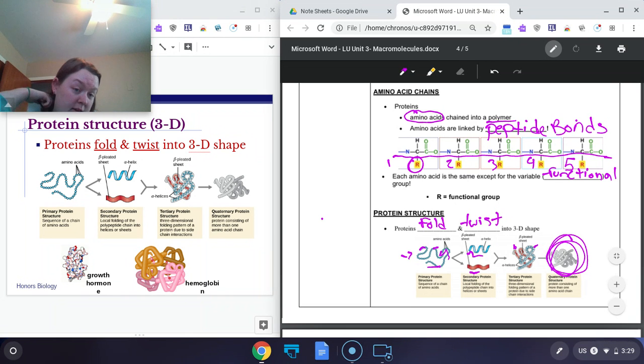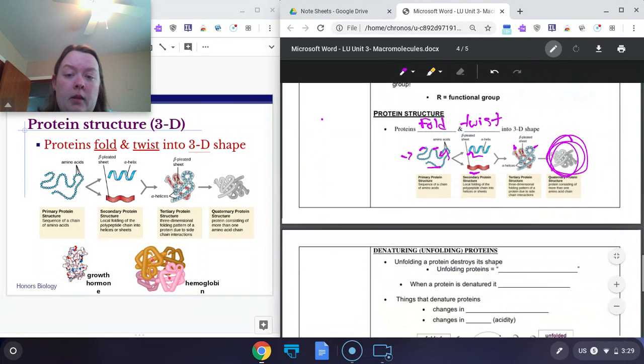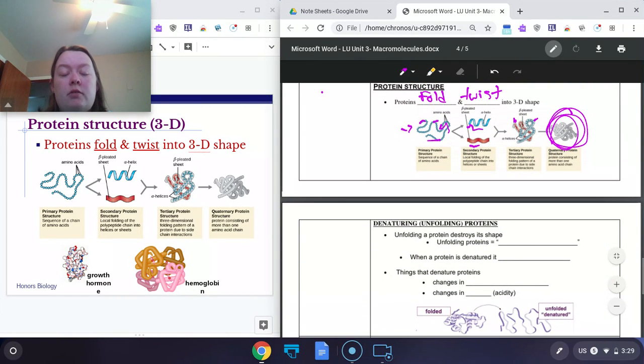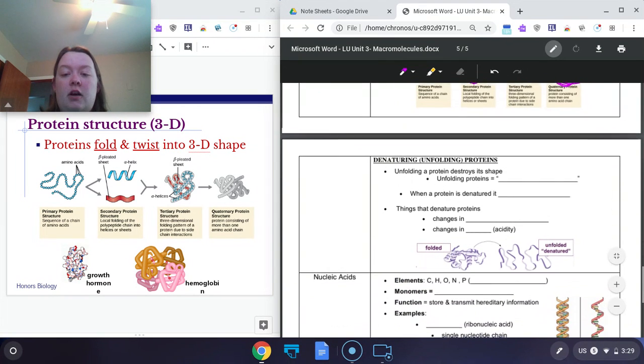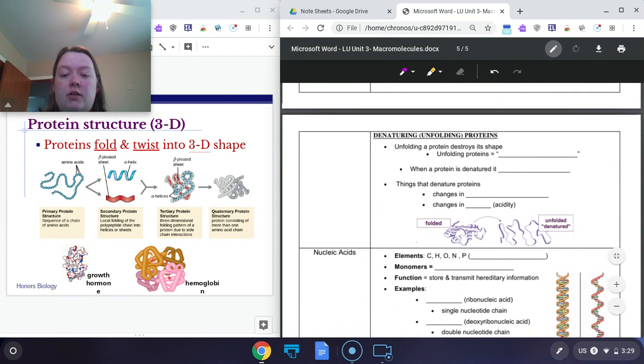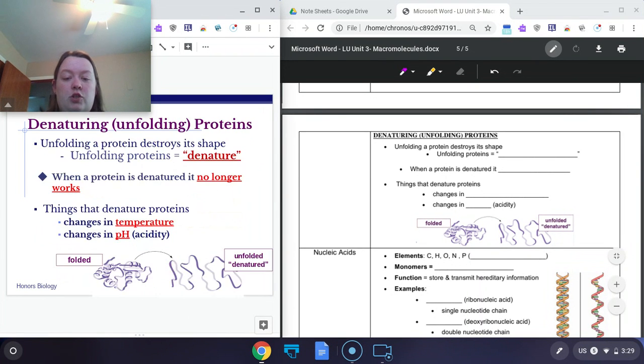So there are many different levels to protein structure. And in proteins, the structure of the protein is going to determine its function. Proteins are very, very specific. So proteins are specific right here, meaning one protein only does a certain job.